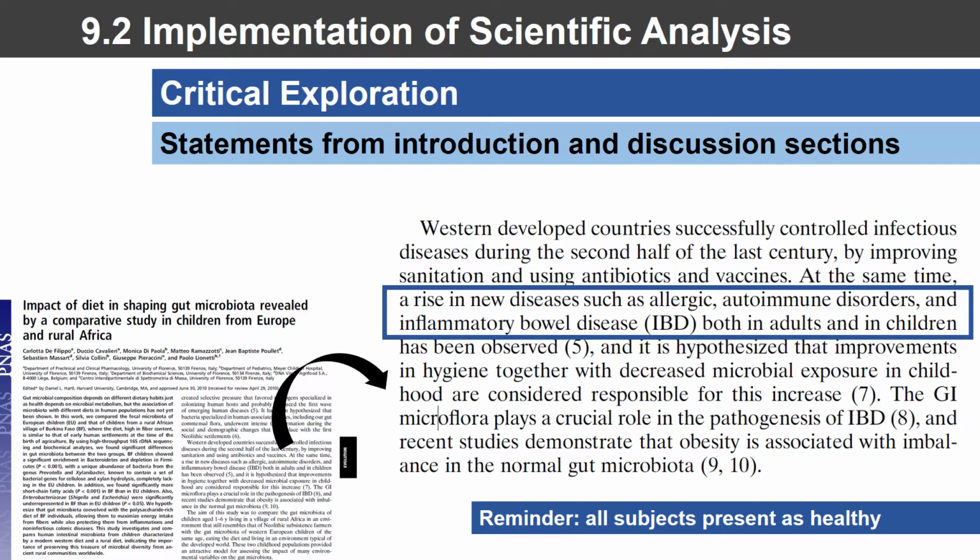So therefore, we are not actually making any determination about irritable bowel disease or autoimmune disorders necessarily here in this paper, because all these subjects did present, as they said, as healthy specimens in this early part of their life.